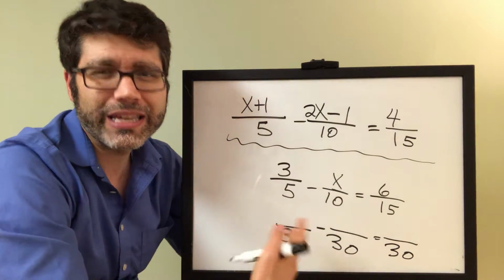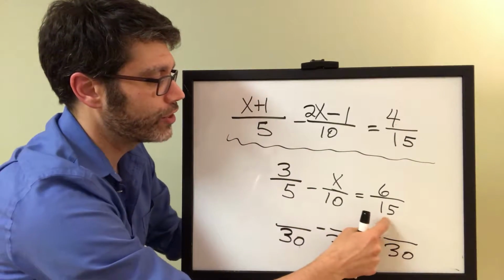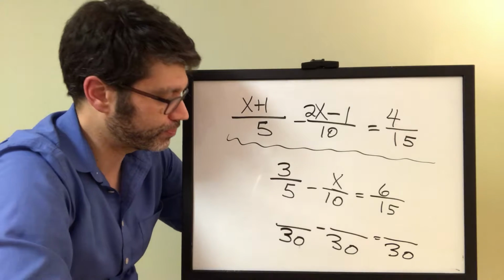But wouldn't it be easier to work with 30s instead of 90s? So that's why we're using the least common denominator.